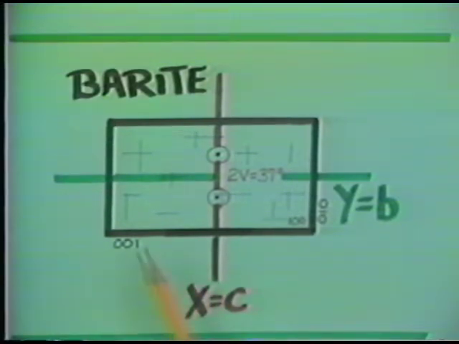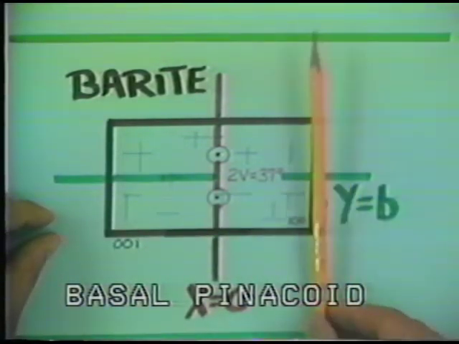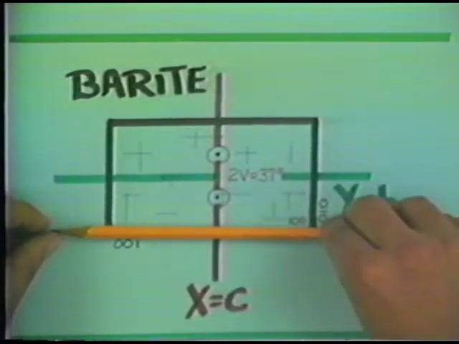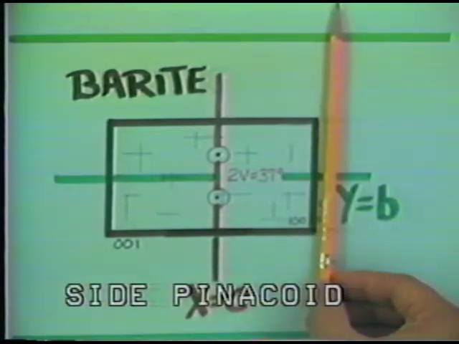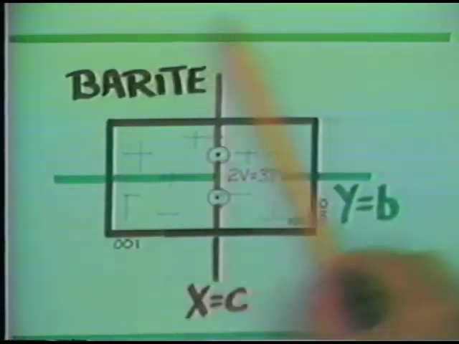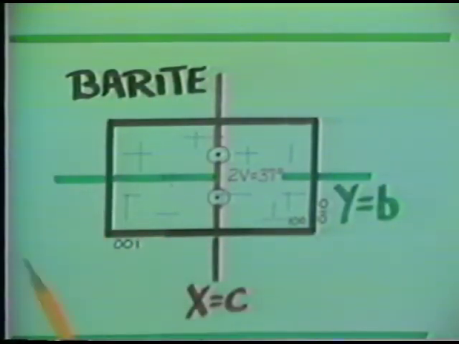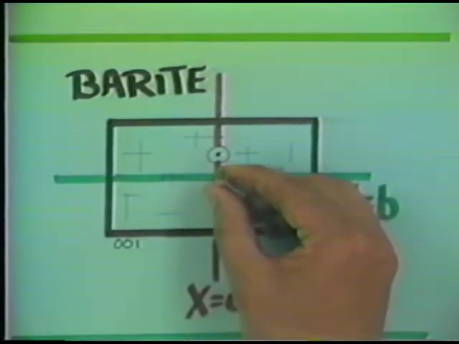Here, for example, is a barite crystal expression of the crystal. This is the side pinacoid, basal pinacoid, side pinacoid, and the mineral is lying on a front pinacoidal section. This means that the A crystallographic axis is coming directly out toward us.